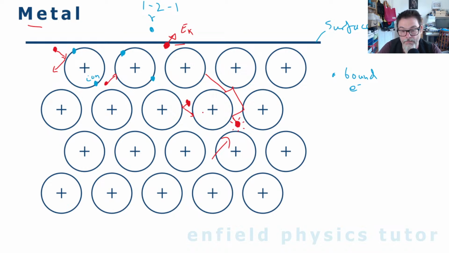By the time it gets up to this point here, say, it's done, I don't know, 1, 2, 3, 4 collisions. Well, 4's not very many, is it? But it may be more than 4. I'm just making numbers up. So it's done 4 collisions. In the process, it's lost a load of the energy that it gained. It's now back to what it normally was. So when it gets to the surface, it hasn't got enough energy now to get past the work function.